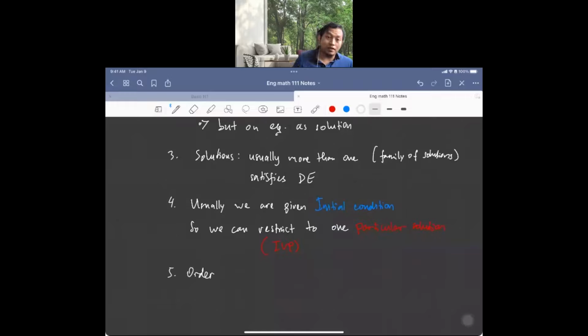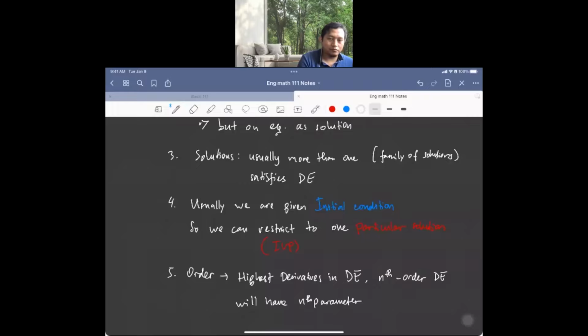Okay, and based on the order, because we already classified the order, first order, second order, and so on, the highest derivative in our differential equation, the nth order DE will have an n parameter family of solutions.